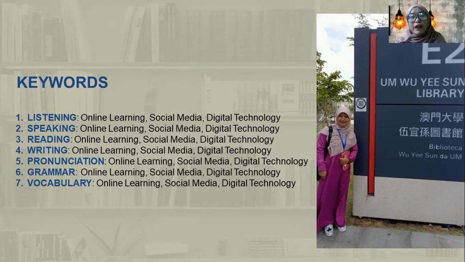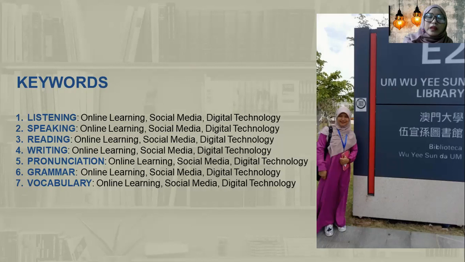So if you look at the articles, the title of the articles should consist of one main keyword and one, two, or three sub keywords, and then you choose that article.